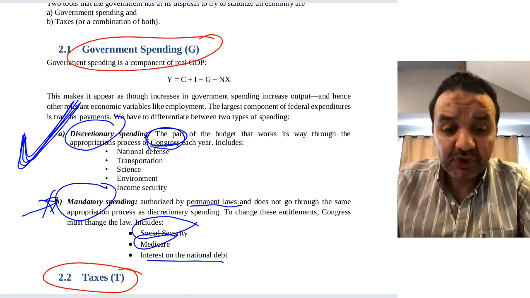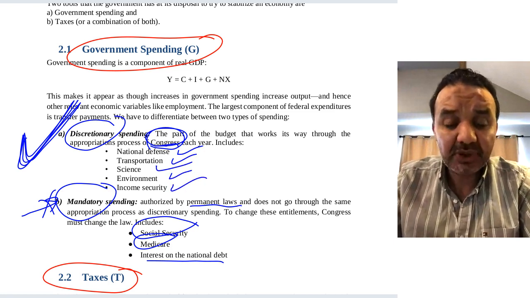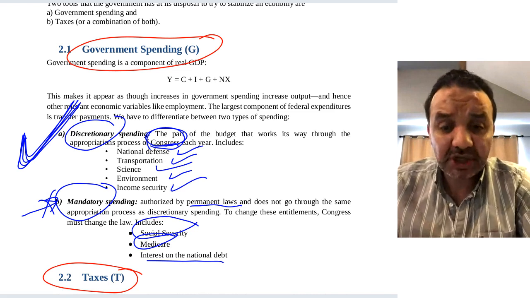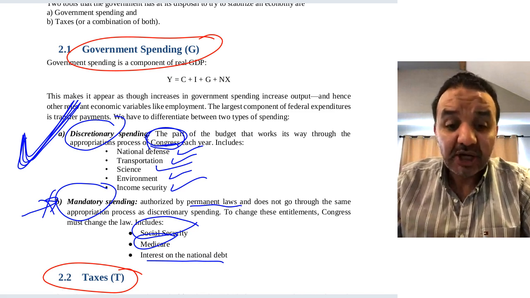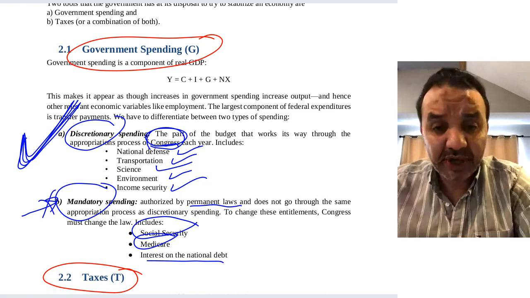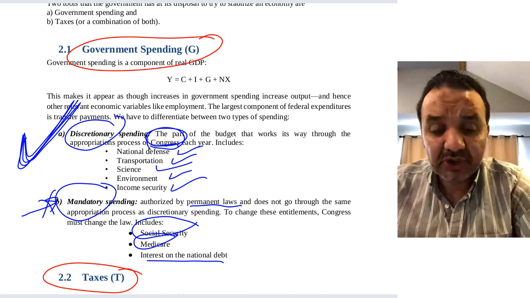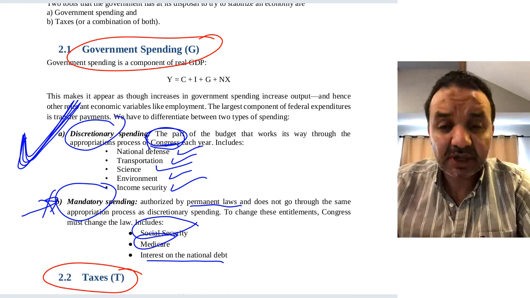This type of spending includes spending on national defense, transportation, science, environment, income security, and I want to add also education, like the federal scholarships in the universities. Which means whenever there's a recession, we should expect that the government spends more on education, more on scholarships. The stimulus checks which you found nowadays after the pandemic are an example of government spending.